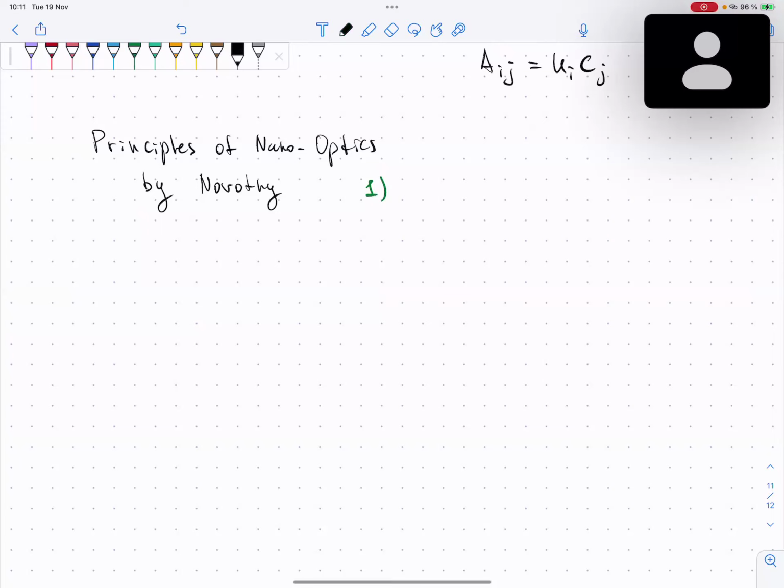The first one is paragraph 2.10. It's about the dyadic Green function.